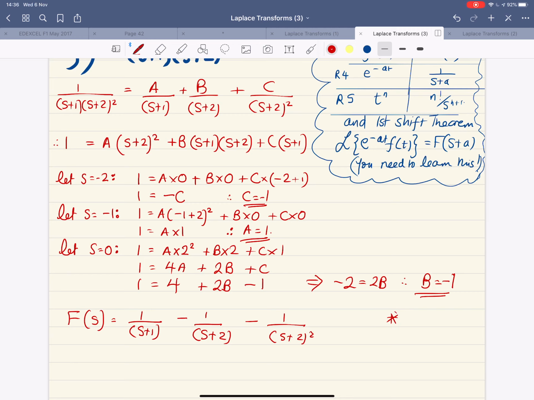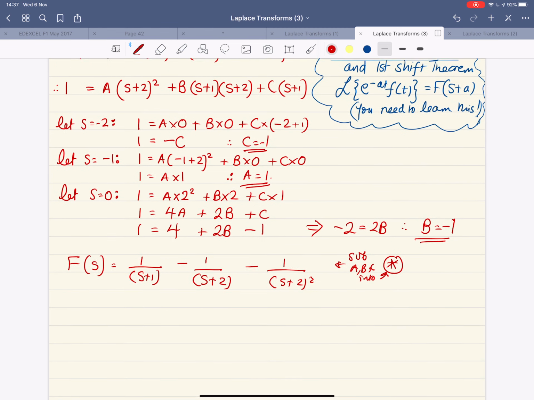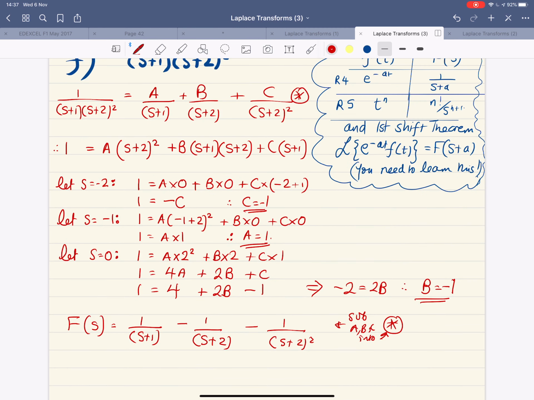So that's substituting the coefficients A, B, C into star, and we get this. That's what's gone on there.